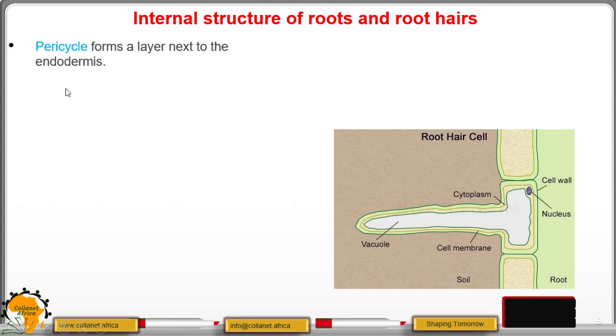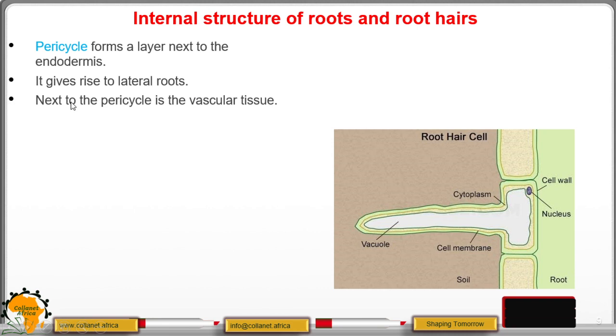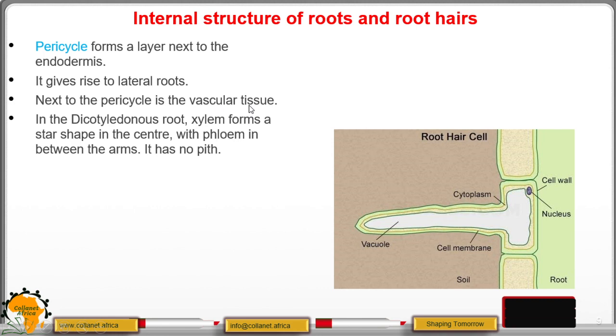The pericycle forms a layer next to the endodermis. It gives rise to the lateral roots. Next to the pericycle is the vascular tissue, and we said it contains xylem and phloem.